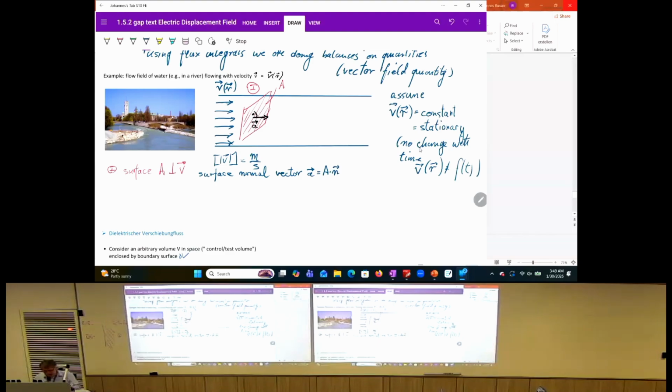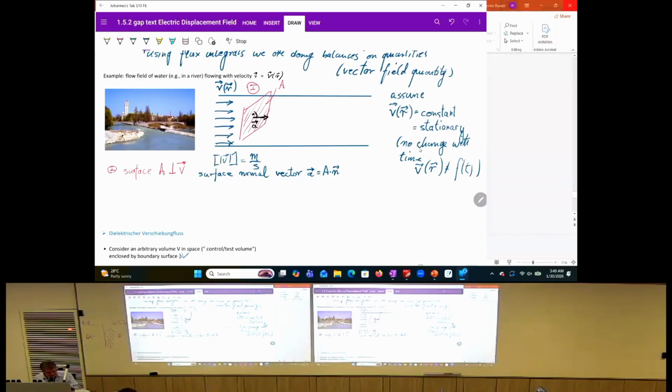The normal vector, which I depicted here in black, is normal to that surface element, and the vector A, the small a with the vector sign, combines the orientation of this normal vector and weighs it with the area of that surface element.